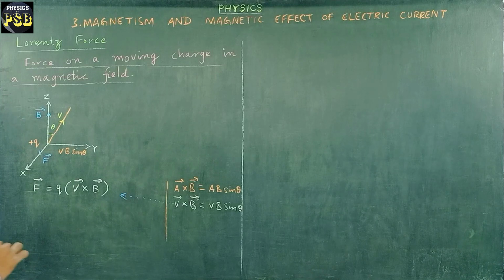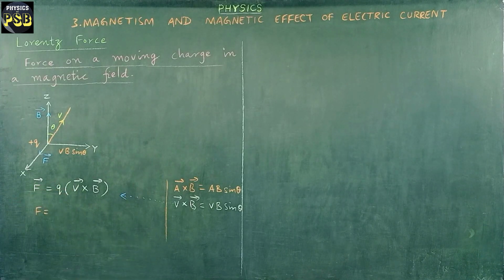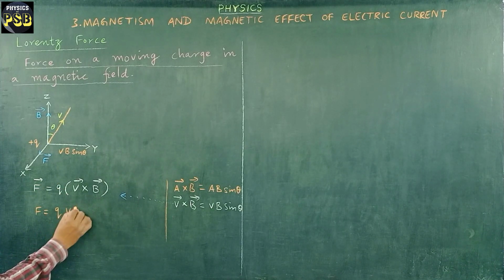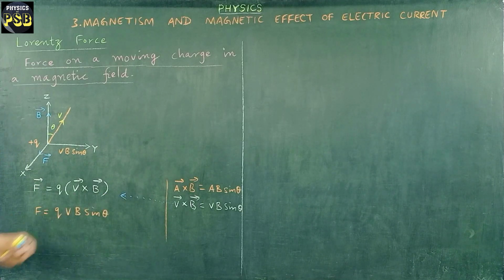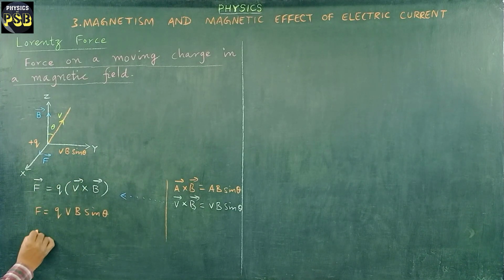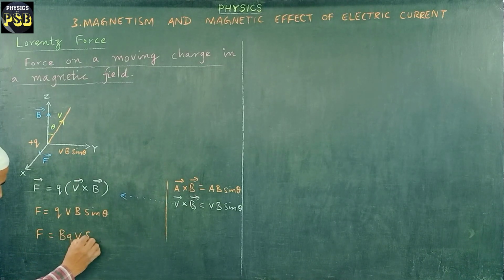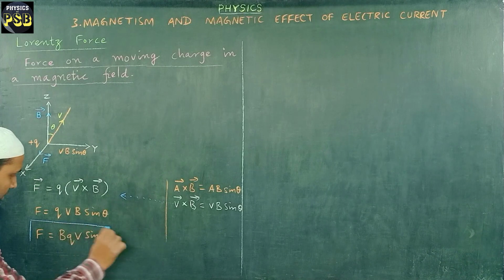So what I get is F is equal to q V B sin theta. This can be rearranged and written in this manner: F equals B q V sin theta. For our convenience, it is represented in this manner. Now I box this expression.